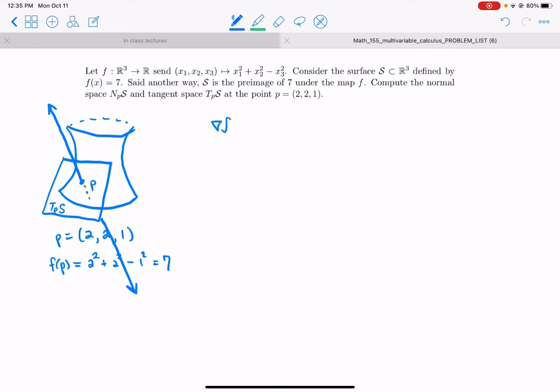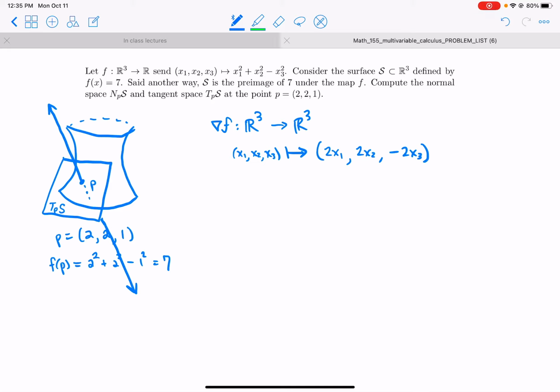Now, the gradient of f is a vector field, which in this case sends the points x1, x2, x3 to the vector 2x1, 2x2, minus 2x3.